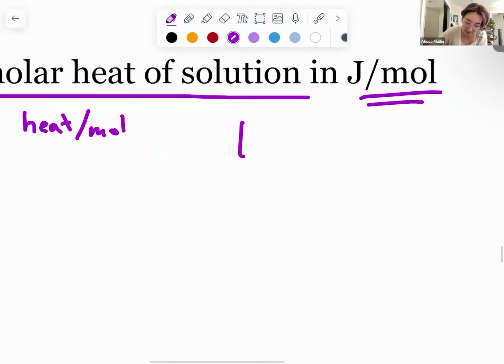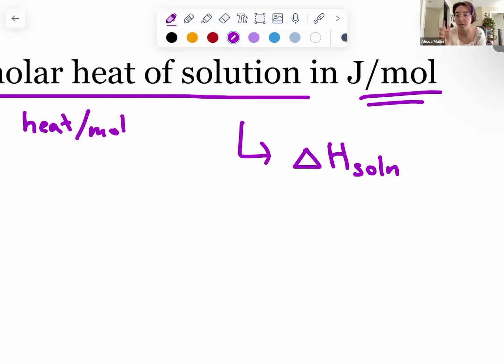So this is actually like the enthalpy change of that thing. So delta H of the solution, that's another way you could see this asked for. Same thing. This is the heat of the solution, the enthalpy of the solution, the molar heat of the solution. Sometimes they would call it the heat of dissolution.